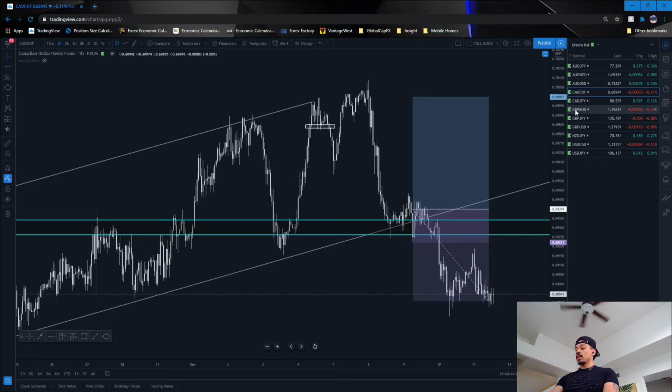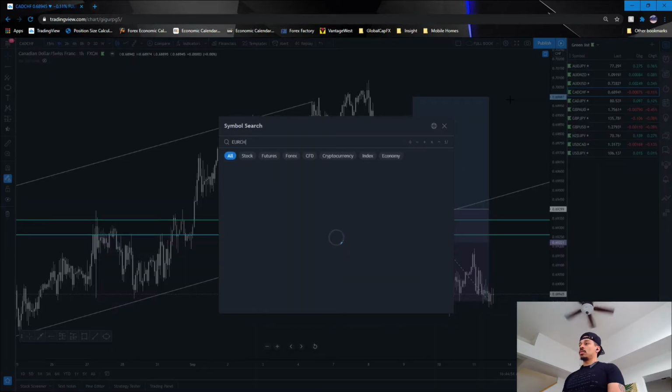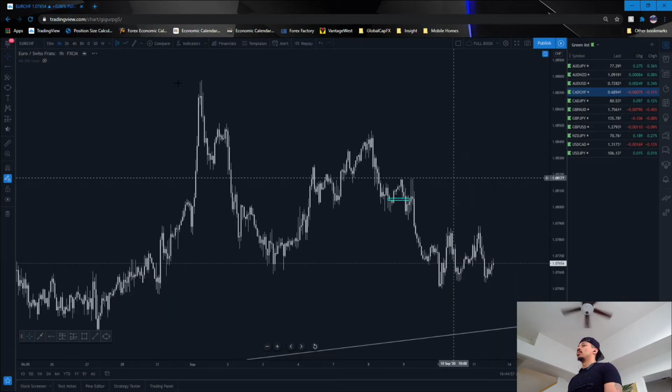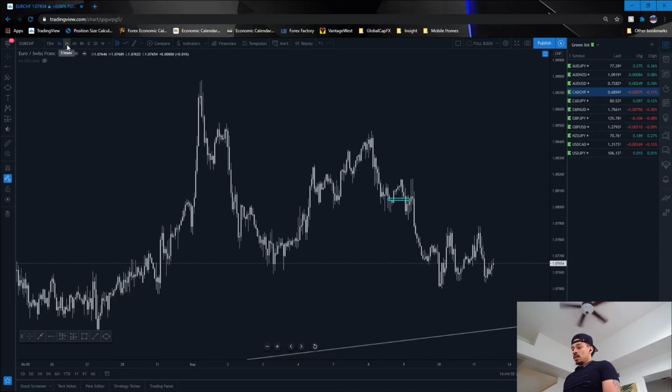One more that I took. Let's see, what else did I take? Euro Swiss. Euro Swiss. Let's see. CHF. Boom. I got in at 108.167. 108.